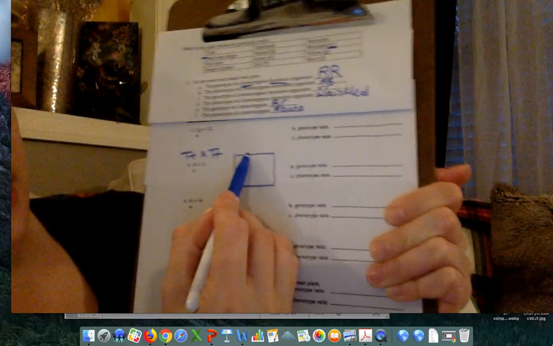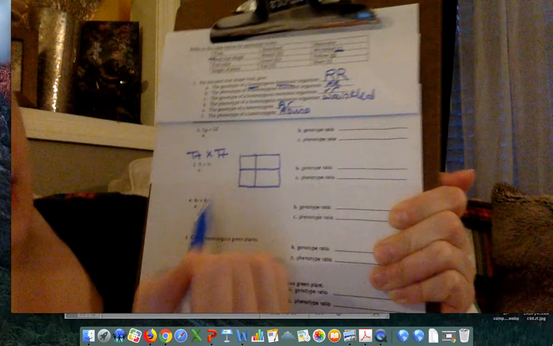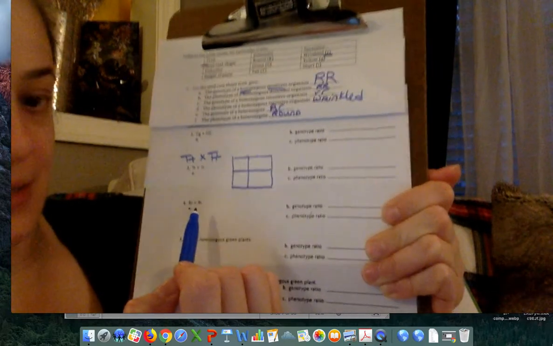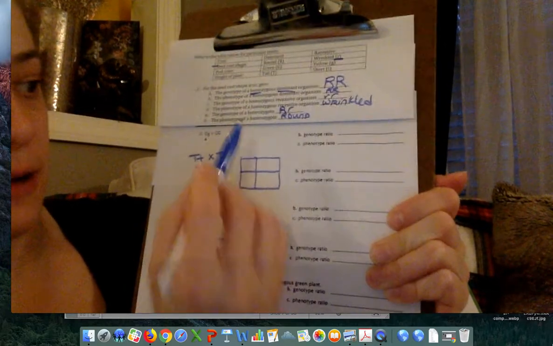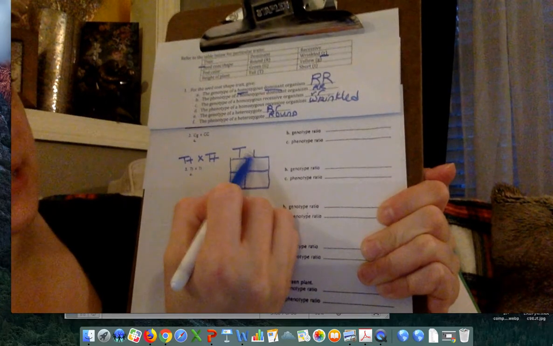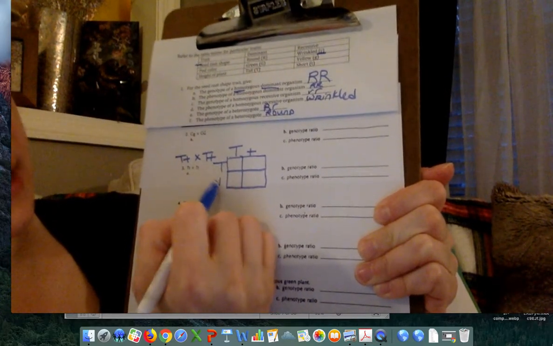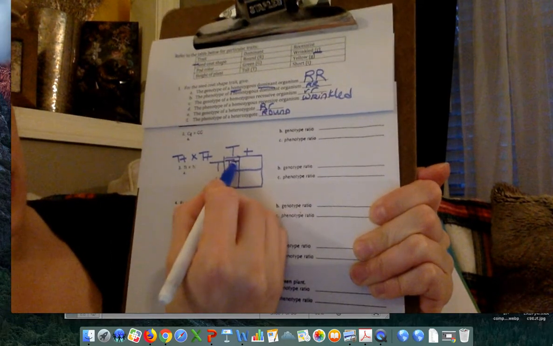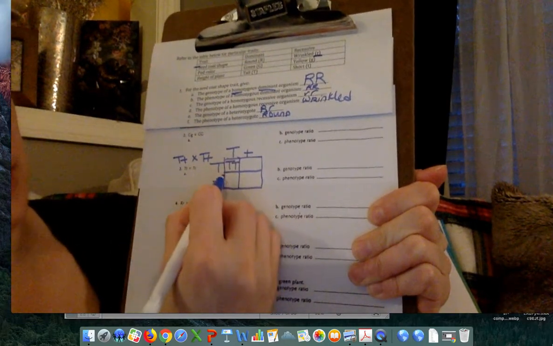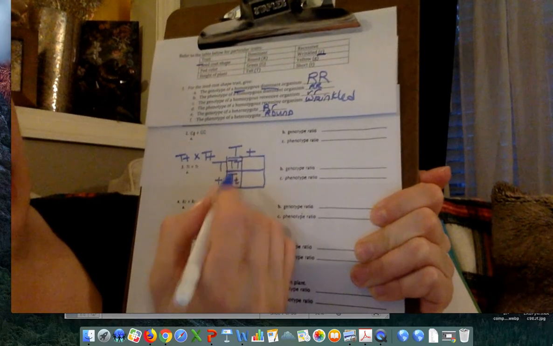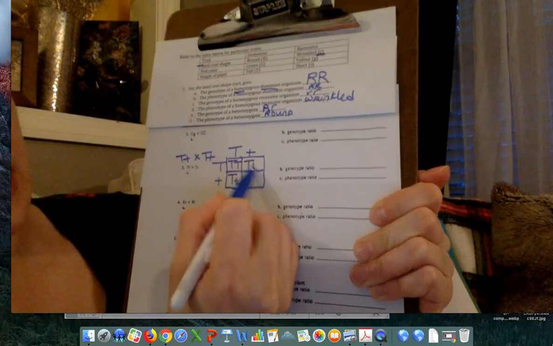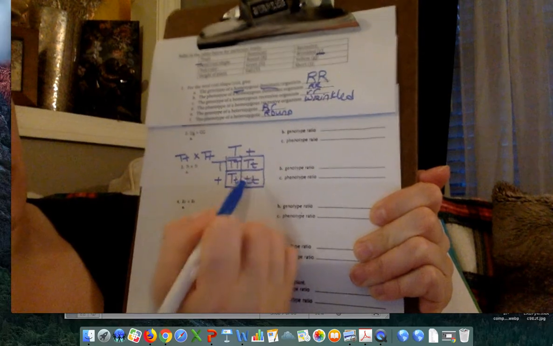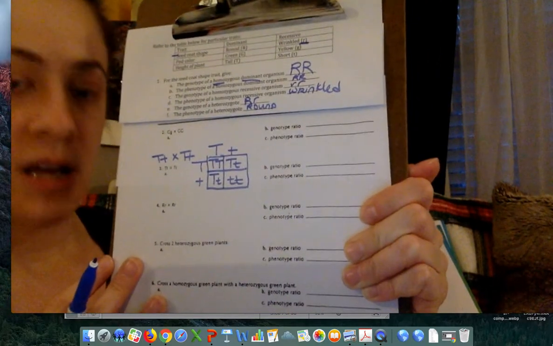So when crossing these 2, it's the same way we set it up as when I showed you guys in the PowerPoints. So here we have big T, little t, and still fill out the square. So here we have something that's homozygous dominant. Here something that's heterozygous. Here heterozygous, and here homozygous recessive.